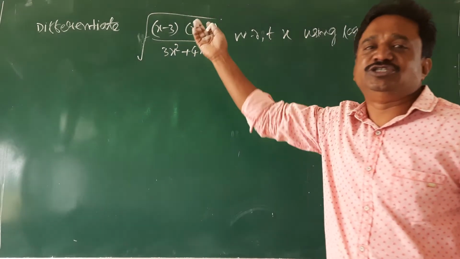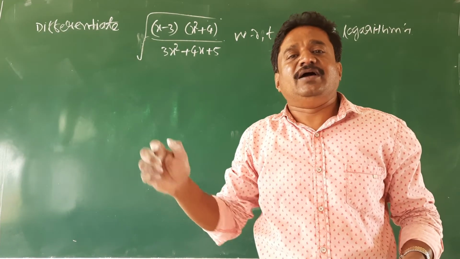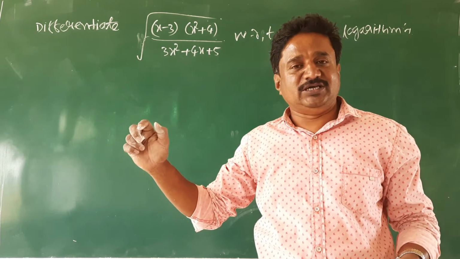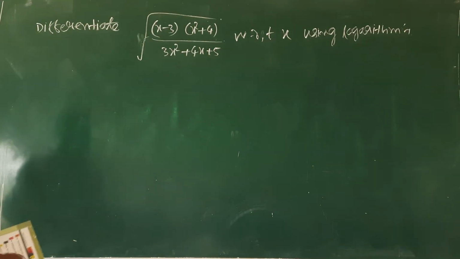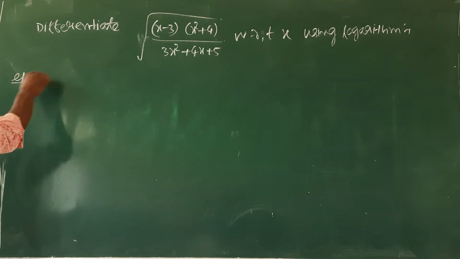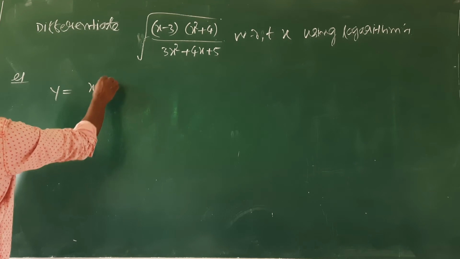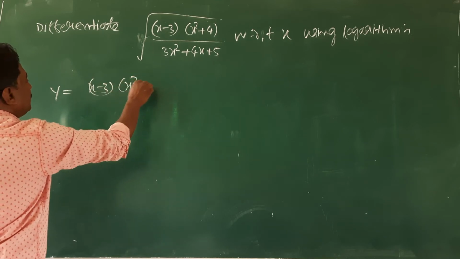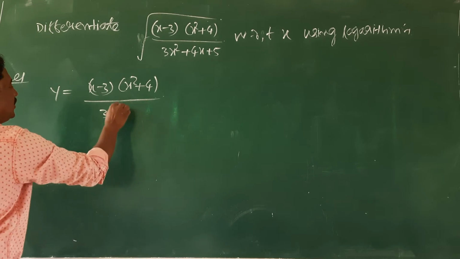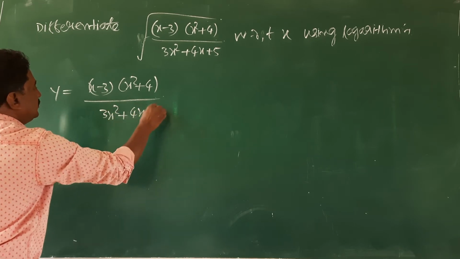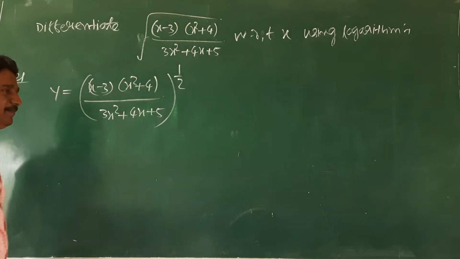Though it is not a power function, if you apply log, differentiation becomes so easy. Look at this, students, how your differentiation becomes easy. Solution: take y equals x minus 3 into x square plus 4 by 3x square plus 4x plus 5, whole power 1 by 2.